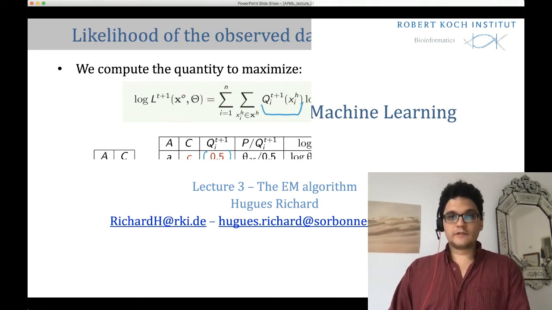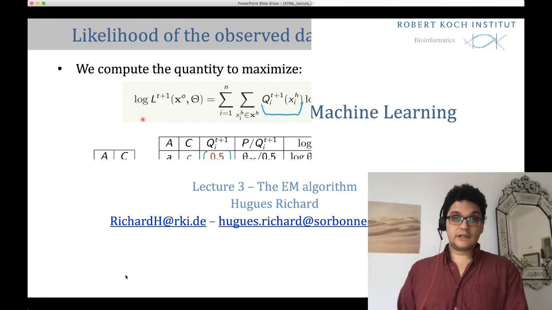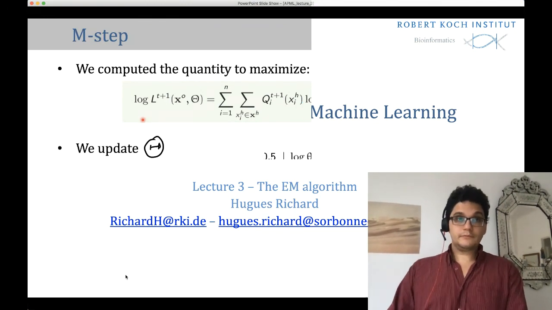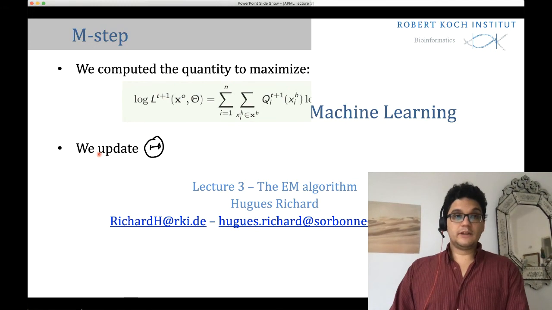But we can see that those terms are constant and they will not play a role in maximizing the complete log likelihood, as we will see directly in the next slide. So we computed this quantity to maximize, and we can update theta as being the maximum over the parameters of this expected log likelihood.